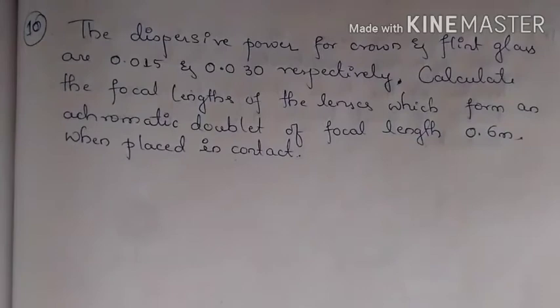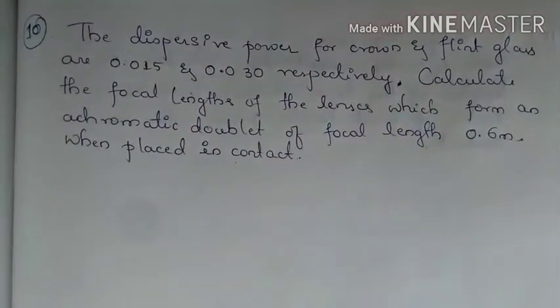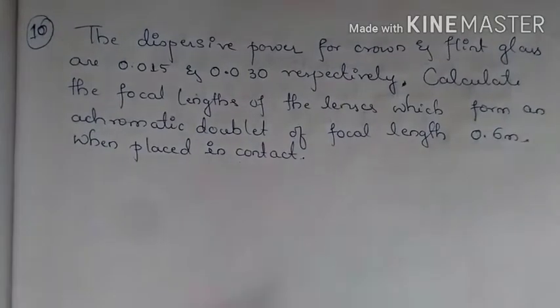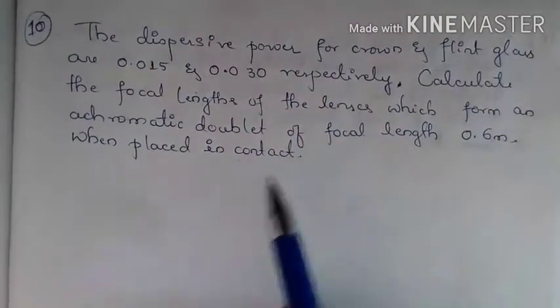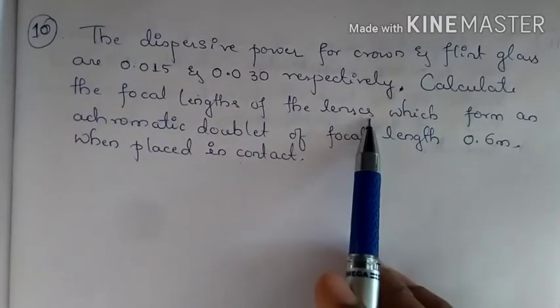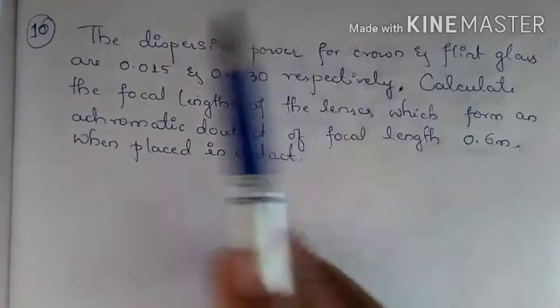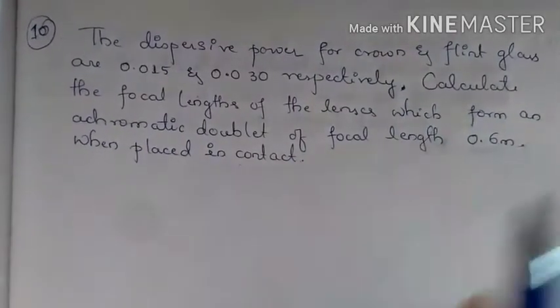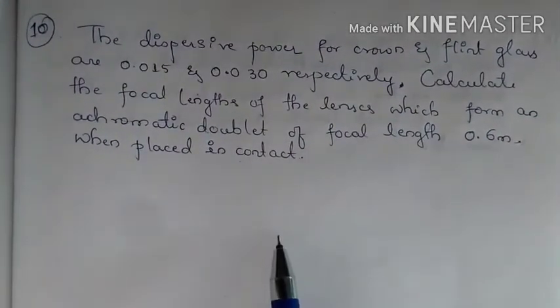So the capital F, the equivalent focal length for this system, is given, that is 0.6 meters. We have to find the focal lengths of the lenses. So f1, f2 need to be calculated. Omega 1 and omega 2 are given to us, and the equivalent focal length is also mentioned.